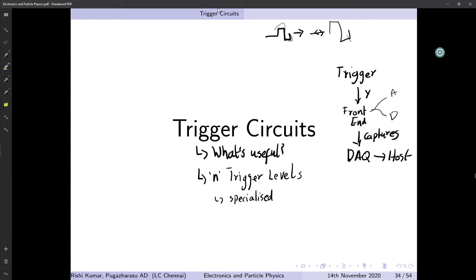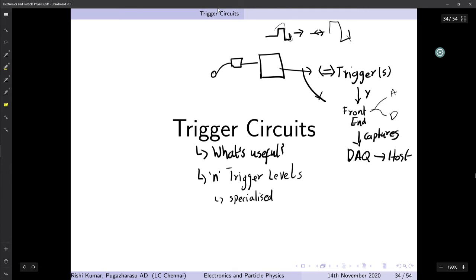Each trigger level filters out a specific set of non-relevant events, and it signals to the bigger trigger levels. The way this works is you have a small trigger, which then talks to a bigger one, which then talks to a bigger one, which then might actually blow the whistle for the front end to actually capture this event.